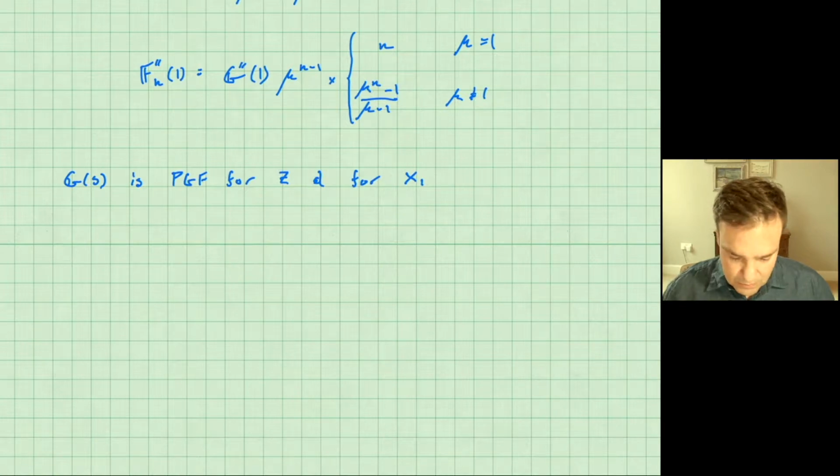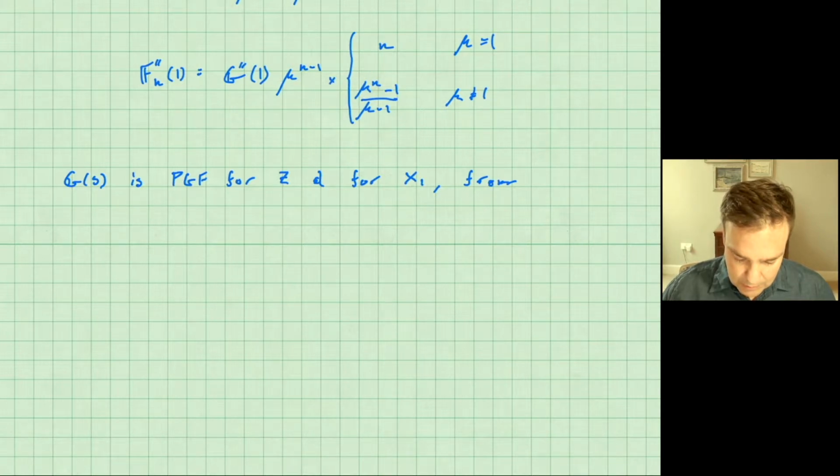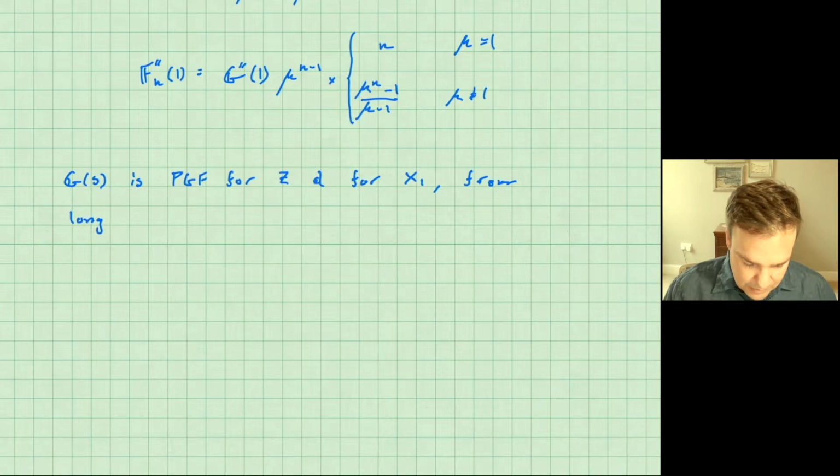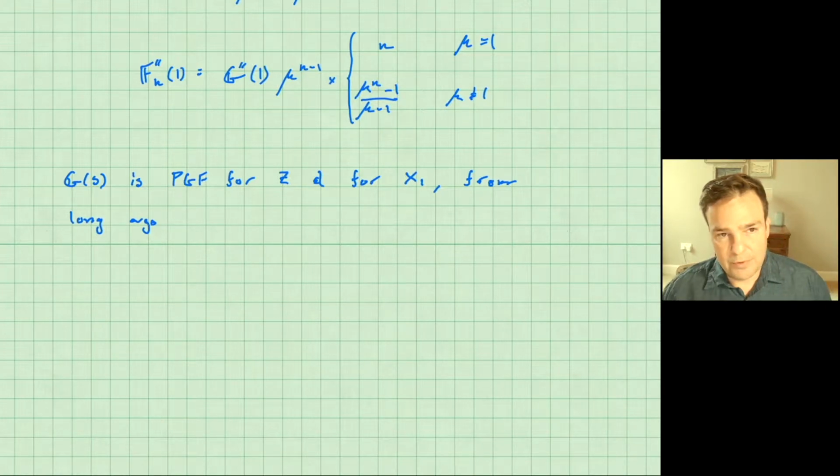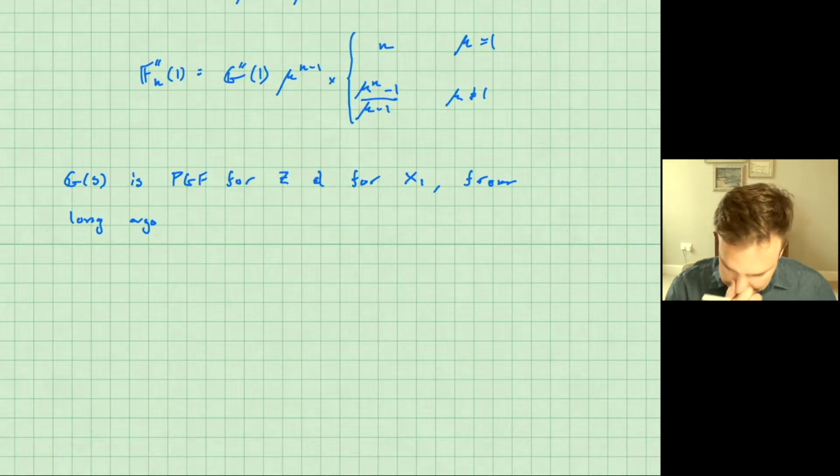And so as a result, we'll start off by using a proposition from way back in chapter 1, lecture 2 or 3, so from long ago. We had a relationship between the probability generating function and its variance, and the variance for the variable that it was the PGF for. And so we have the following thing.